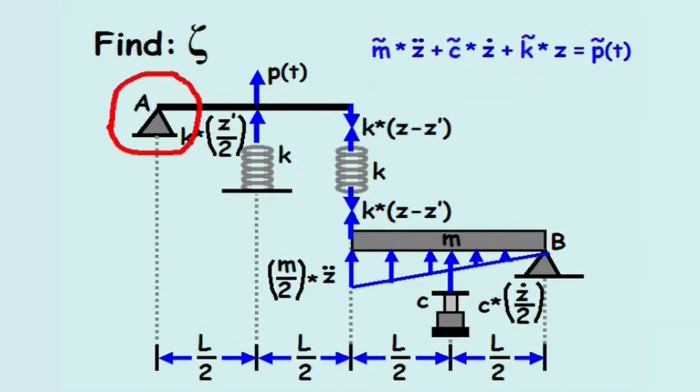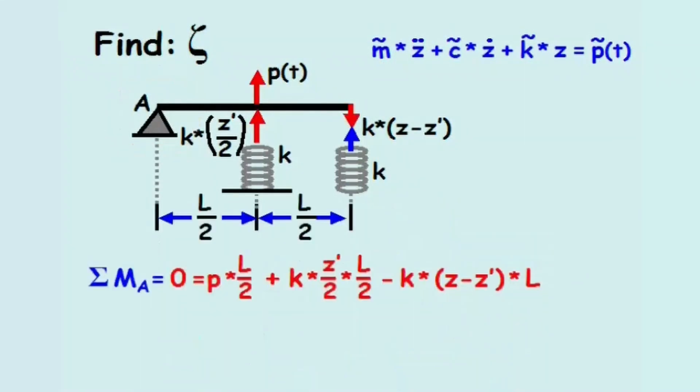We'll begin by summing the moments about point A and setting the value equal to 0. Solving for z prime, the displacement at the end of this beam equals 4kz minus 2p, all divided by 5k.